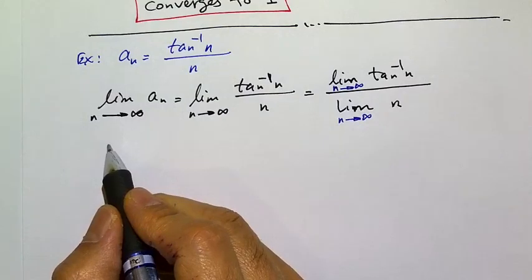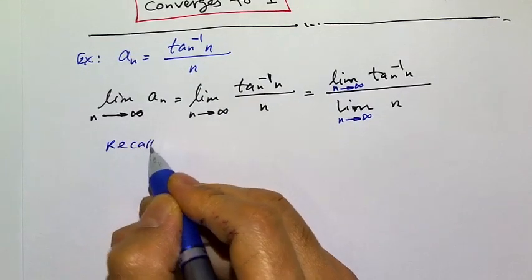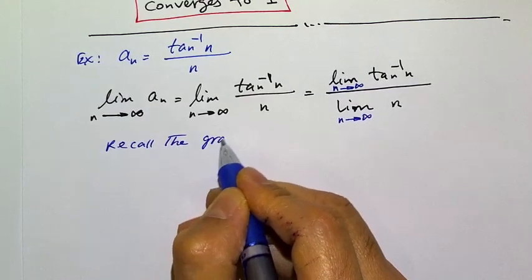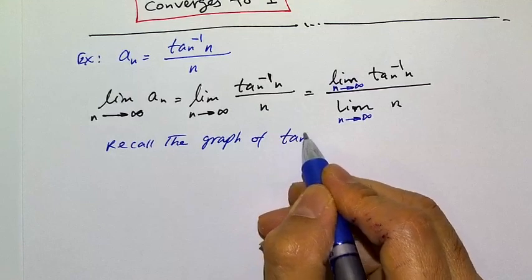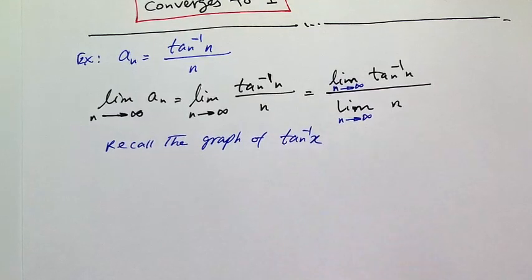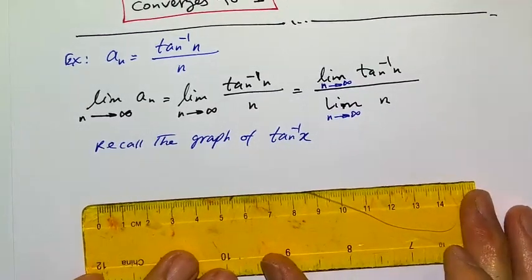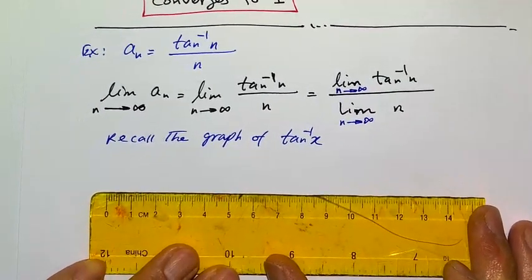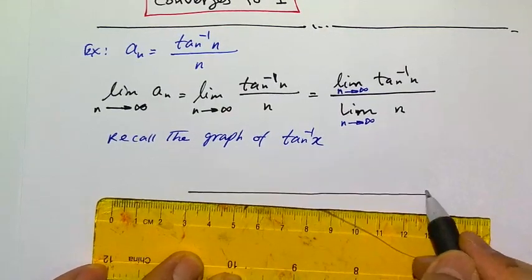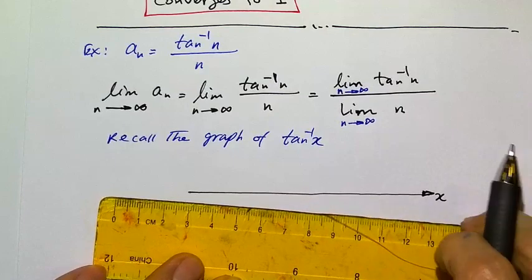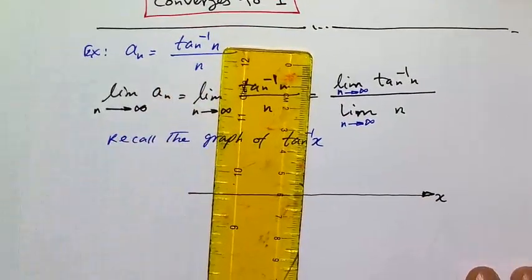So recall the graph of inverse tangent of x, right? So it was, then we have the y-axis here.